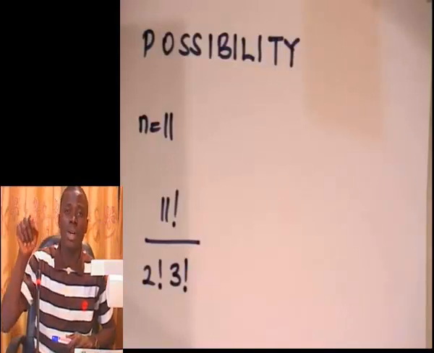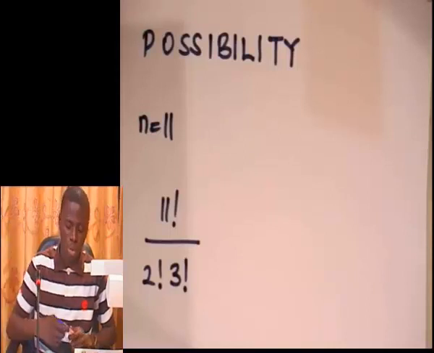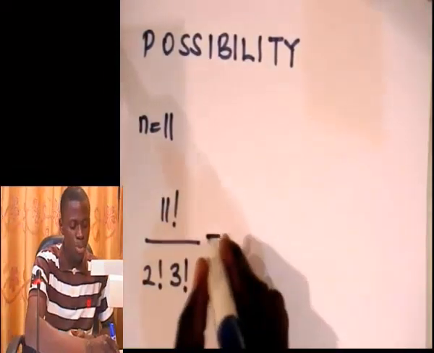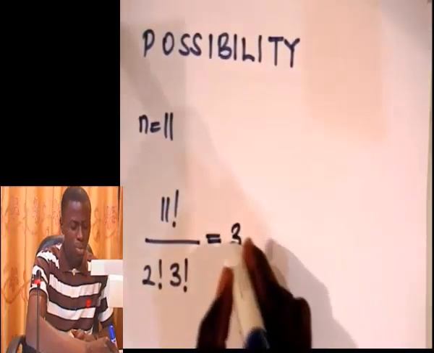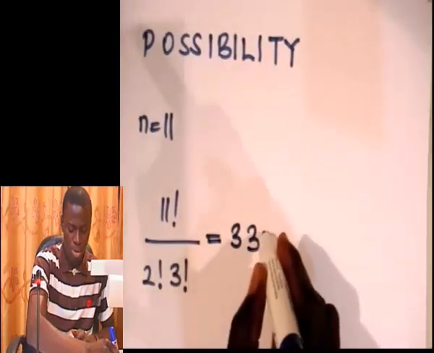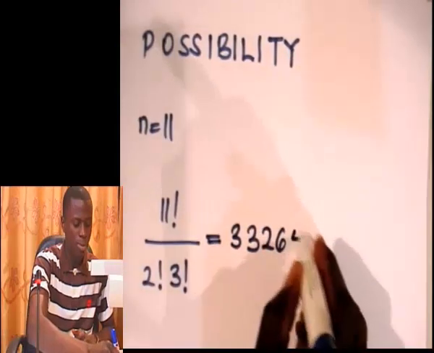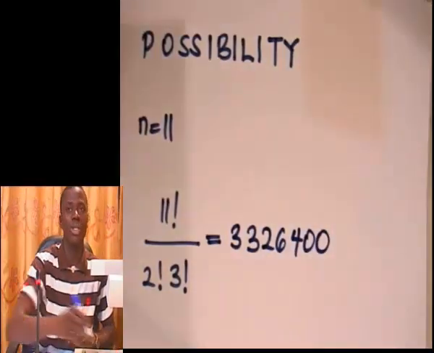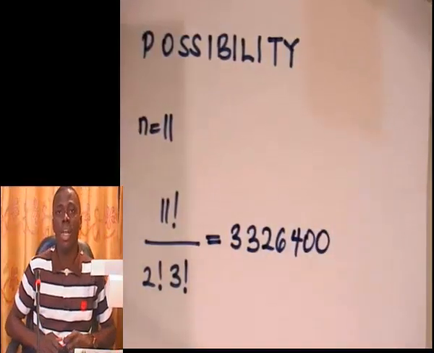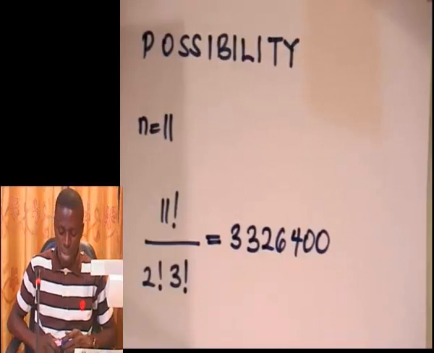If you use a calculator, you are going to have 3,326,400 distinct ways of arranging the letters in the word possibility.